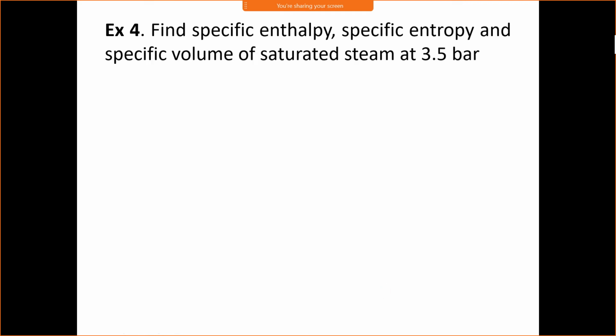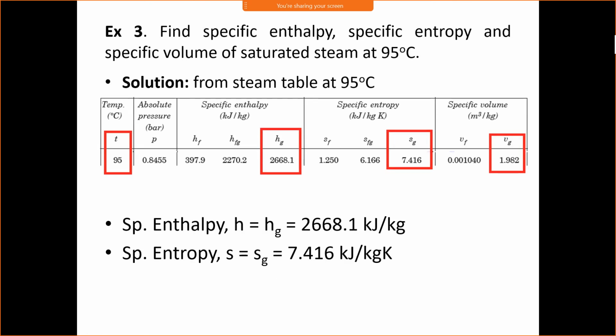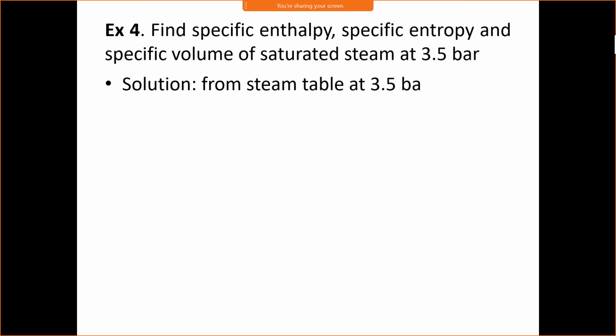Now the same problem we can solve for pressure also. In this problem, temperature is given for saturated steam. Instead of temperature, if the pressure is given, we can take the corresponding values at that pressure.